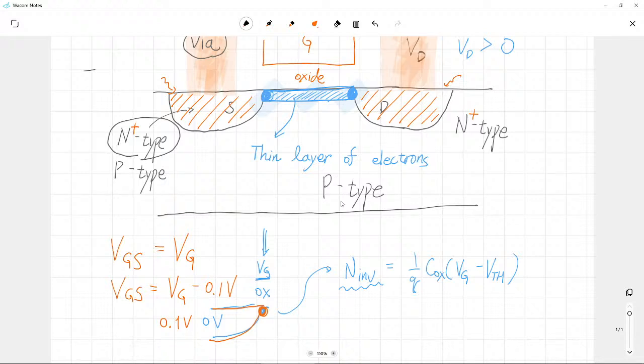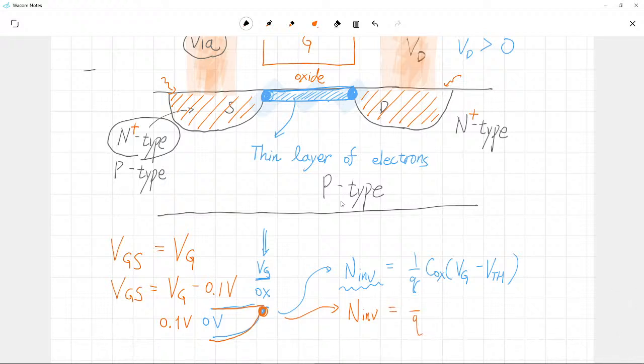It means that effectively, increasing the source voltage is just working as reducing the gate bias voltage. So if we accept this concept, then our inversion charge will no longer be given by this amount.